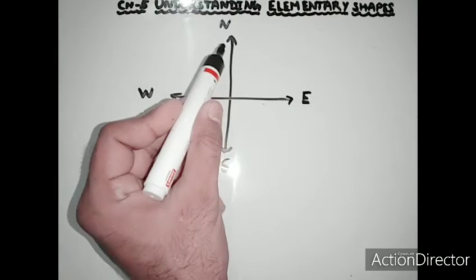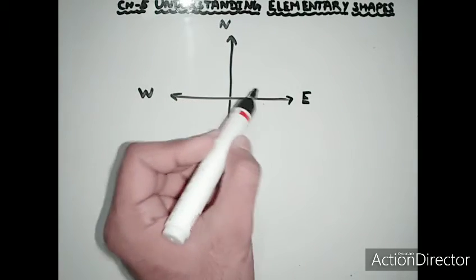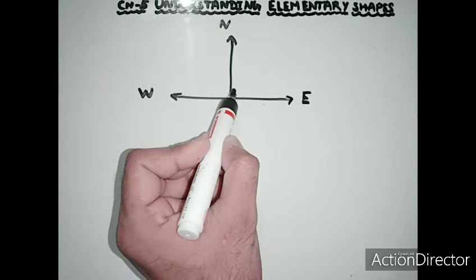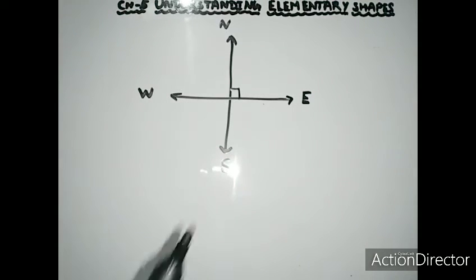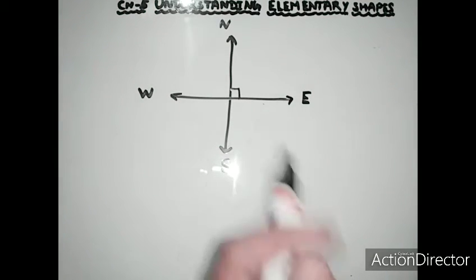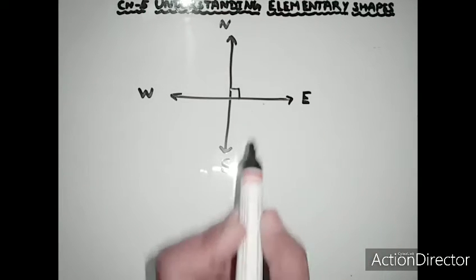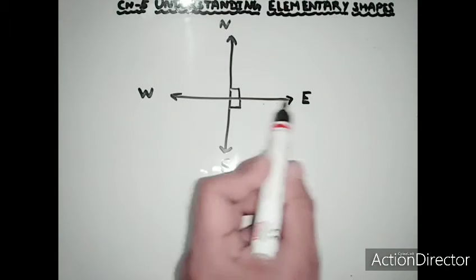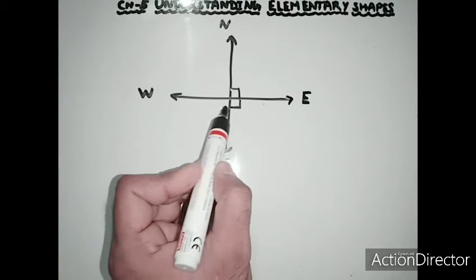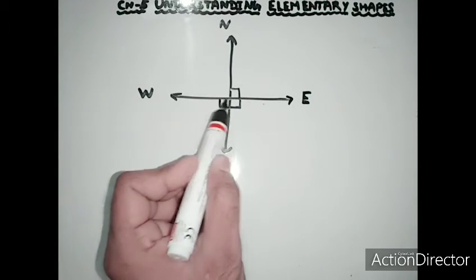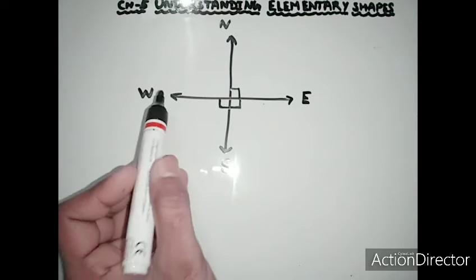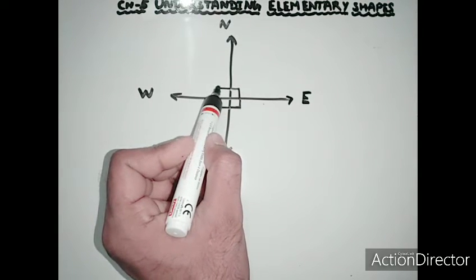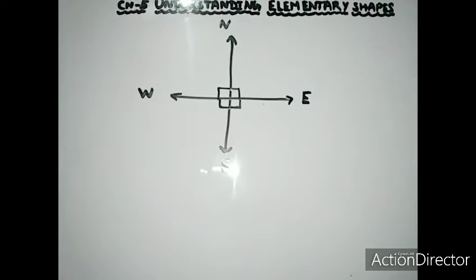Now north and east, in the middle of these two directions, these two lines form a 90-degree angle here. Now east and south form 90-degree angle here, right? And south and west form 90-degree angle here, and west and north form 90-degree angle here.